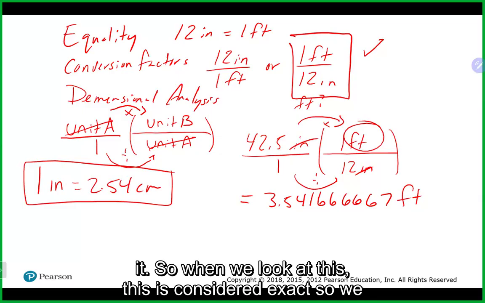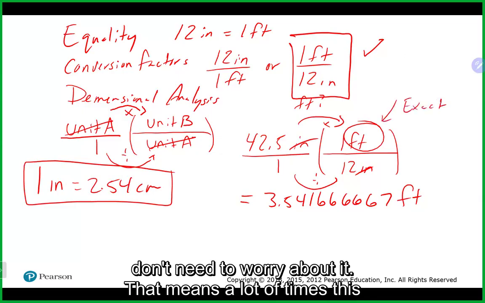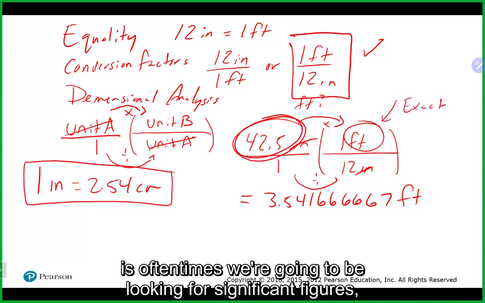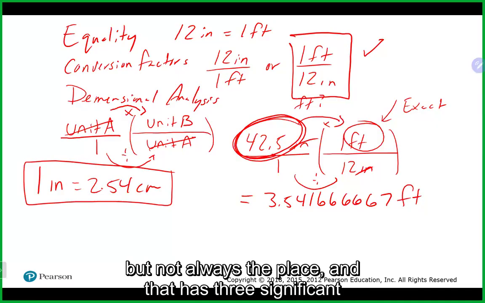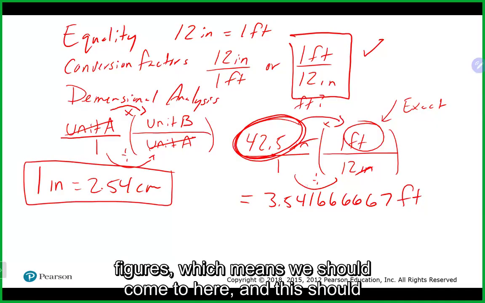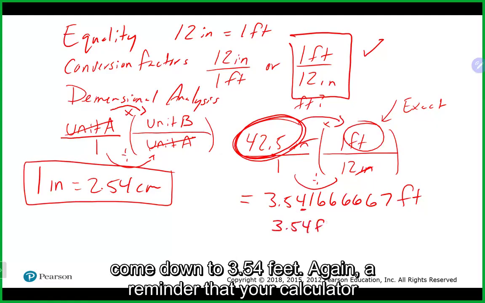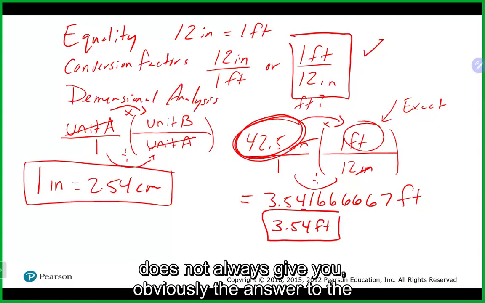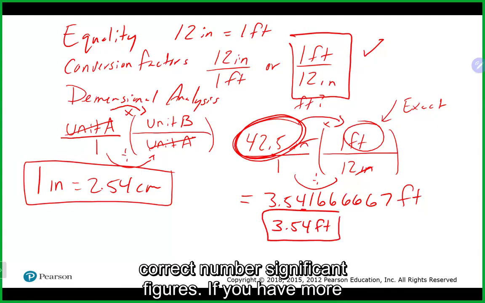That means a lot of times this is where you're going to be looking for significant figures, but not always. That has 3 significant figures, which means this should come down to 3.54 feet. Again, a reminder that your calculator does not always give you the answer to the correct number of significant figures.